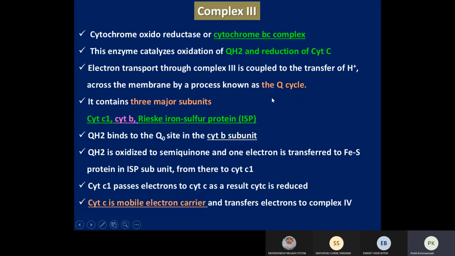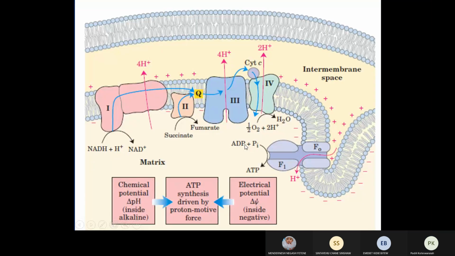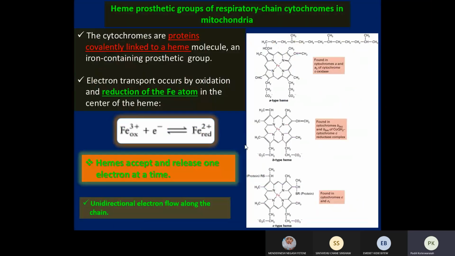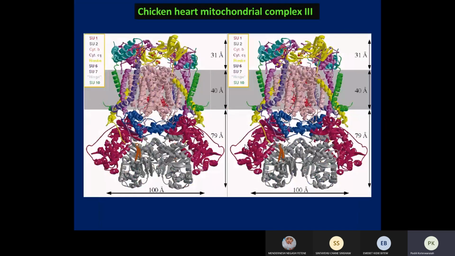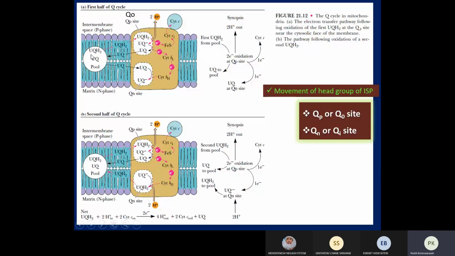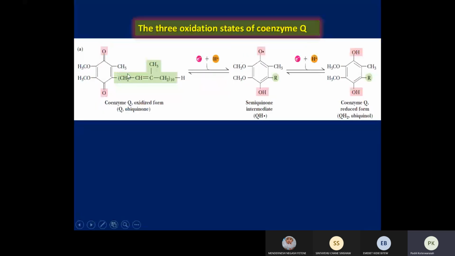And this complex 3 has three major subunits: cytochrome C, cytochrome B, and the iron sulfur protein. And you can also see here the detailed mechanism. The transfer of electrons from ubiquinol to the cytochrome C takes place by a special process called Q cycle. You can also see step by step here.